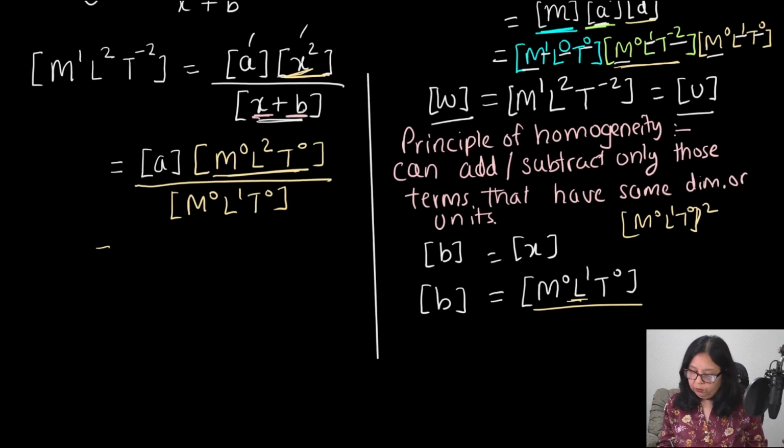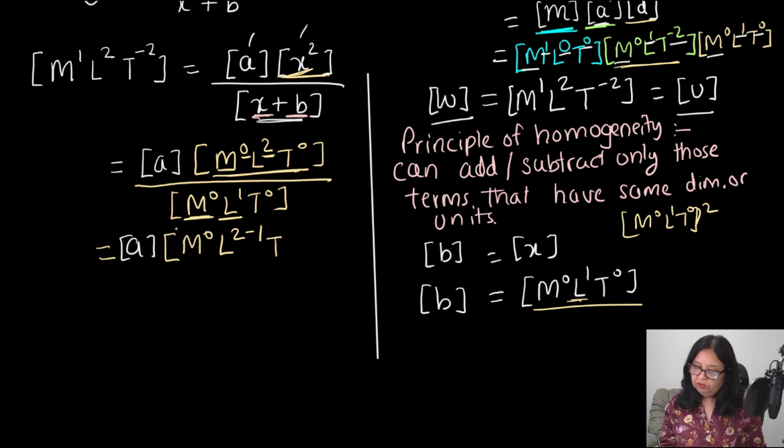Now, what do we get here? We get dimensional formula for A times m to the power 0 divided by m to the power 0 still remains m to the power 0. Next, L to the power 2 divided by L to the power 1 gives you L to the power 2 minus 1.